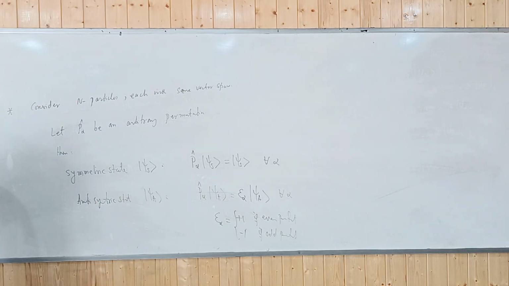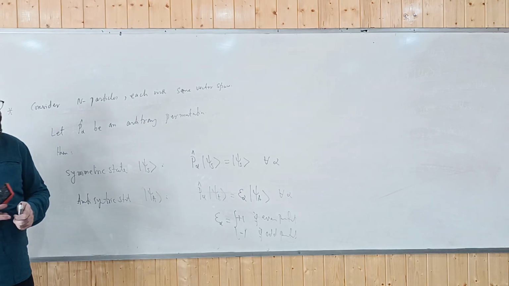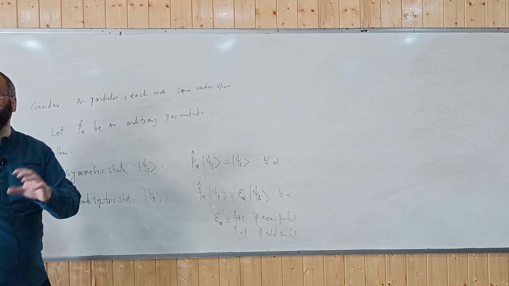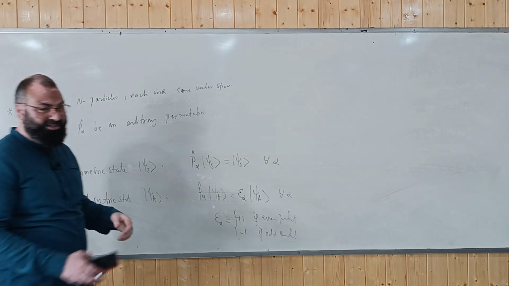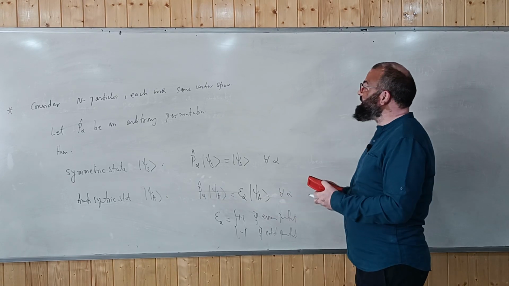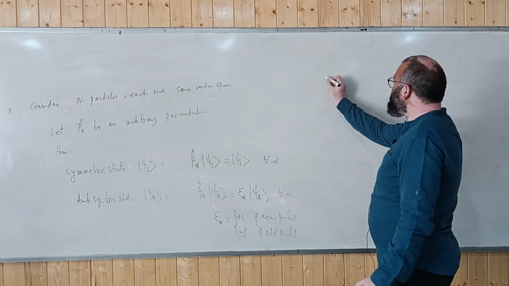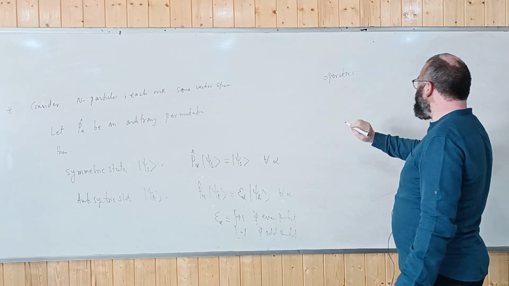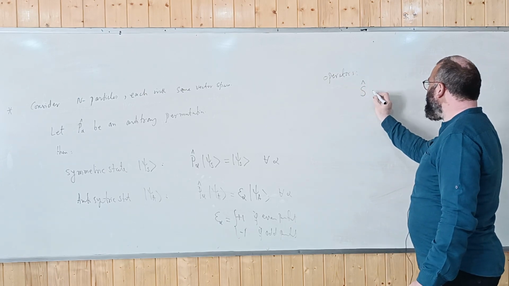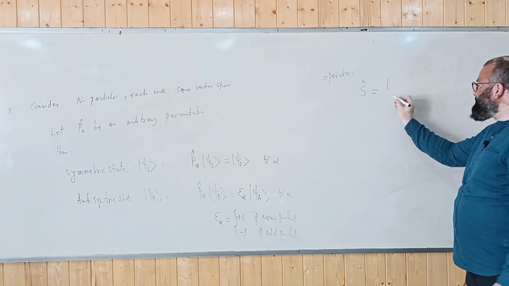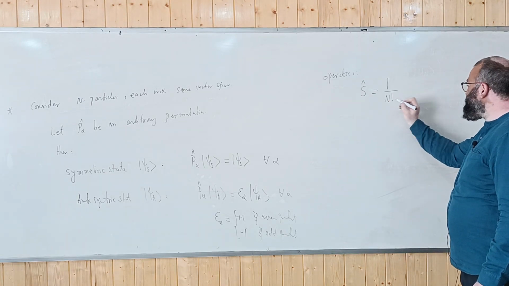I will give an example. Now we need to define an operator which will create your symmetric state and an operator which will create the antisymmetric state. Clear? So let's write those operators, then we'll take an example. Let me write this symmetric operator. How many possible permutations? n factorial, so divide by n factorial.